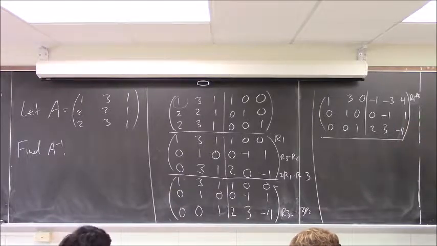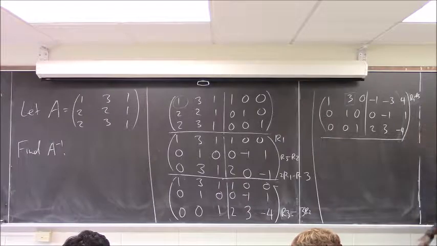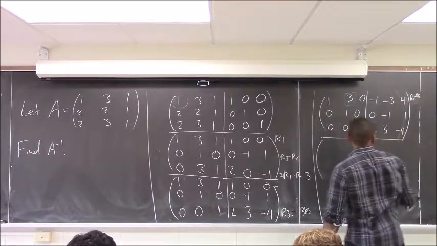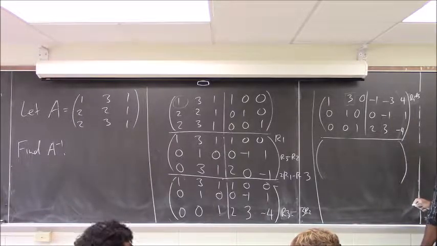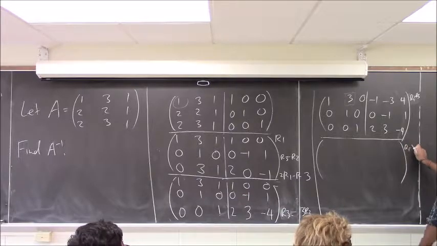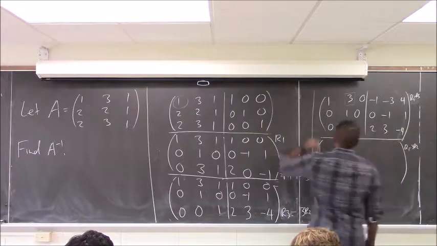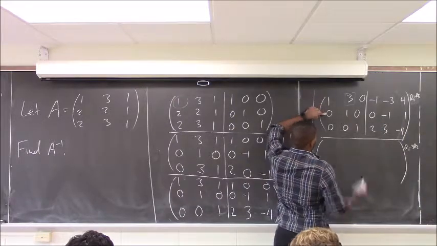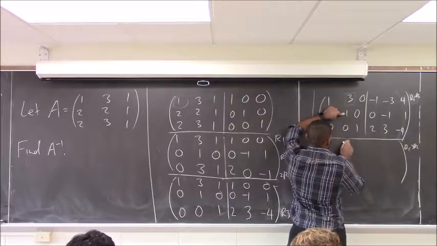And we have one more thing. This guy. I want to kill that and make that a 0, then we get the identity. What I can do is row 1 minus 3 times row 2. So this minus 3 times that, 1. This minus 3 times that, 0.